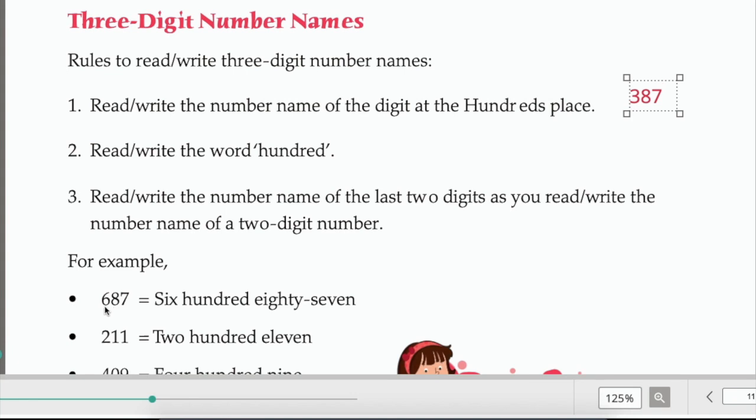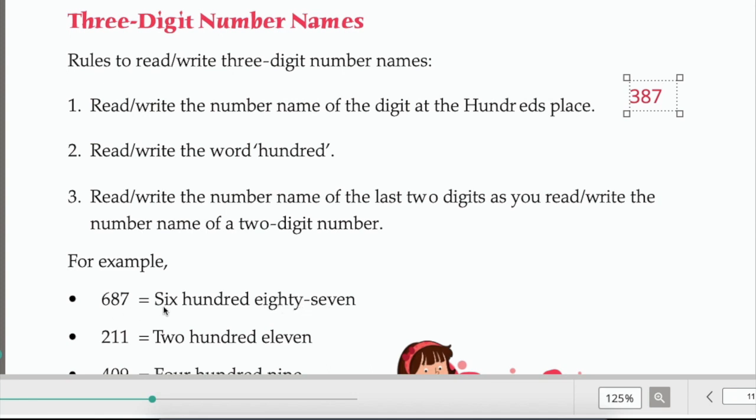For example, they have given 687. In hundreds place we have 6, so we have written SIX. After 6, the second rule of three-digit number names is that you have to write HUNDRED, so we have written SIX HUNDRED. After 600, we have to write the number name of the tens and ones place, that is 87, so EIGHTY SEVEN.